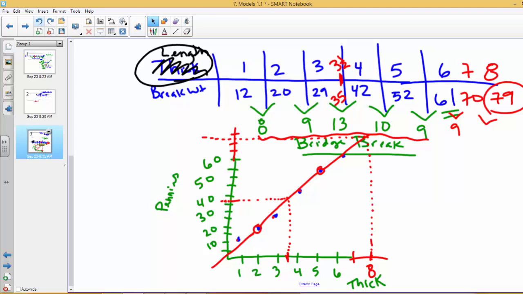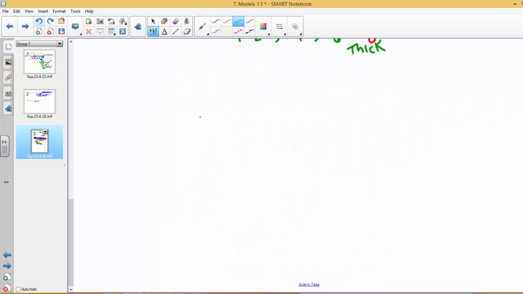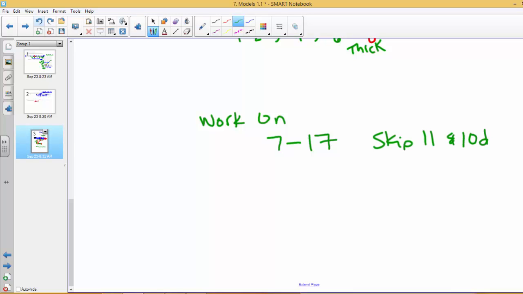And you can skip 10, letter D. So work on 7 through 17, skip 11 and 10D. All right, good luck.